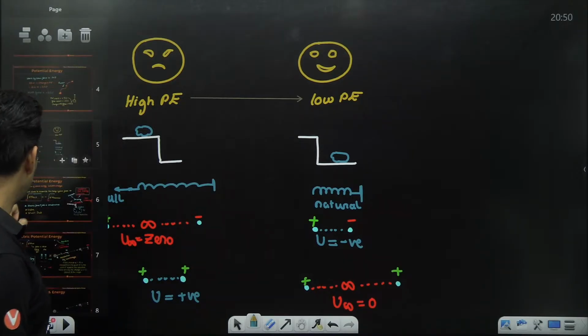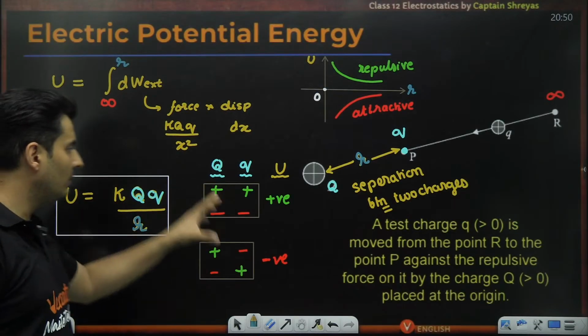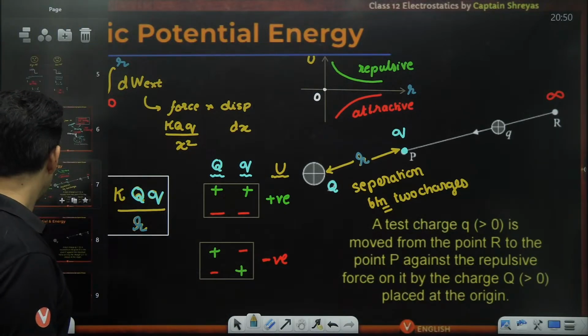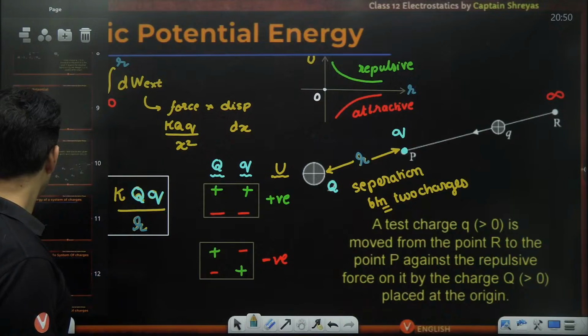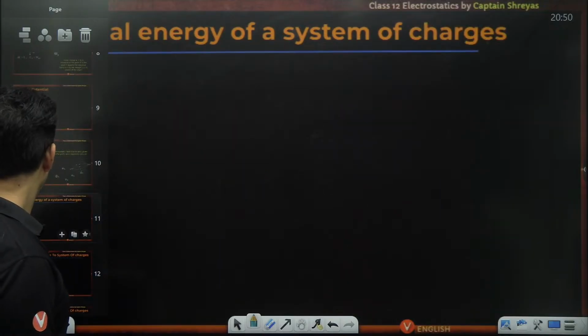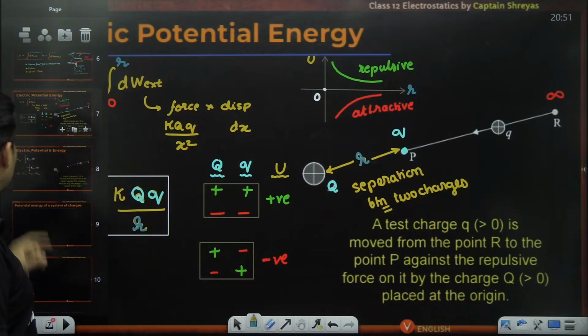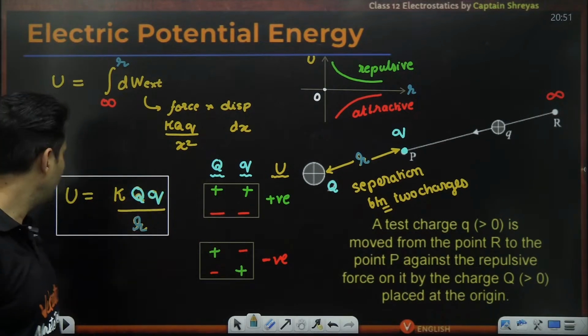Okay, so now that I understood the significance of the positiveness and negativeness of potential energy, is there a way to calculate the potential energy of a system of particles? Because if I have just two particles, I know this is the formula.